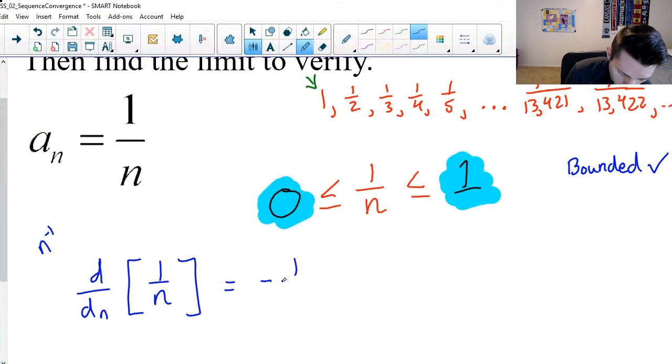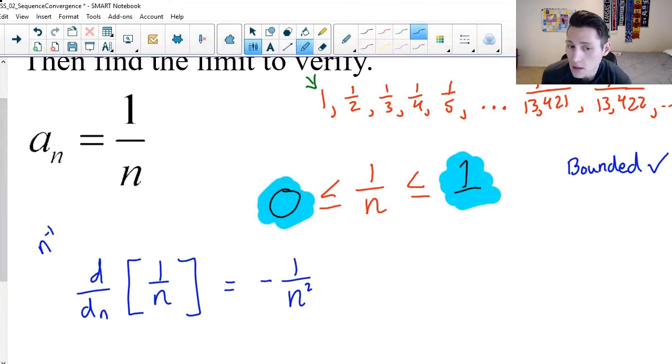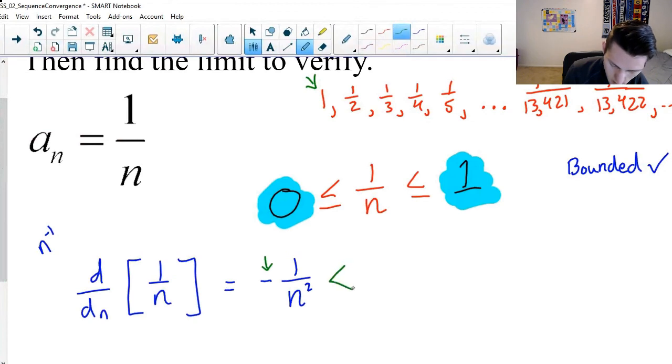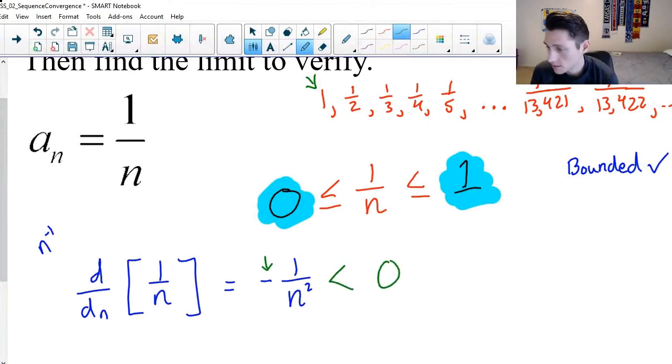So the derivative would be negative 1 over n squared. Now let's think about negative 1 over n squared. I'm plugging in natural numbers, 1, 2, 3, 4, 5. Those being squared are definitely positive, but then there's this negative out in front. So every number that I plug in, the derivative will always be less than 0.